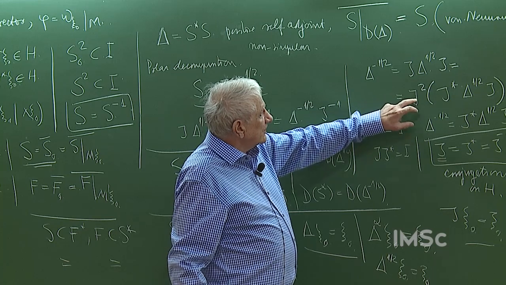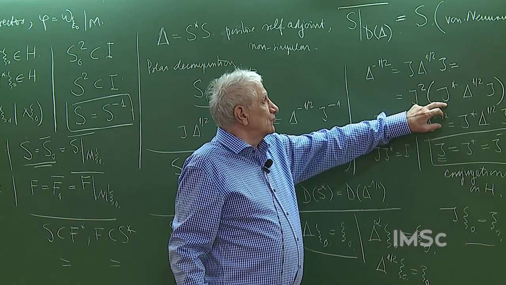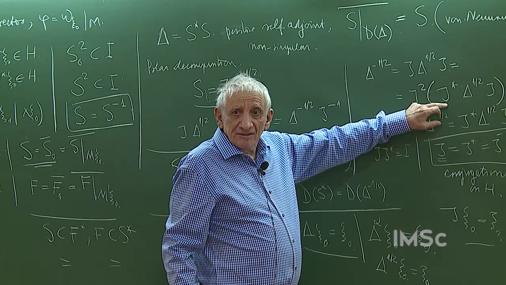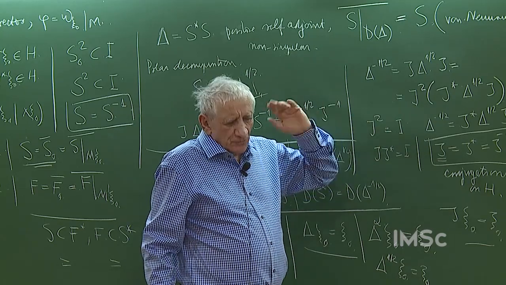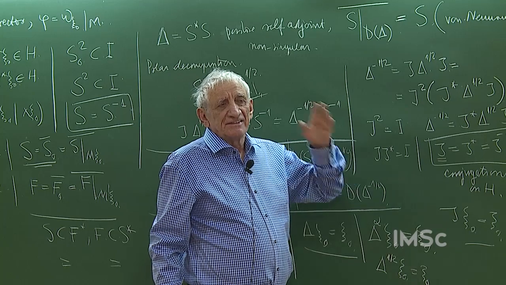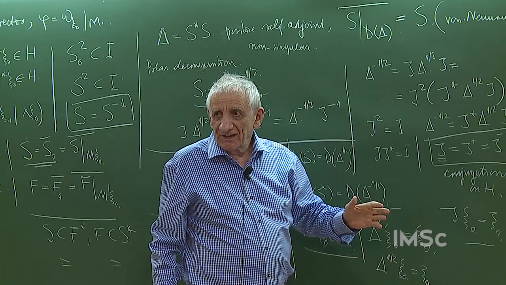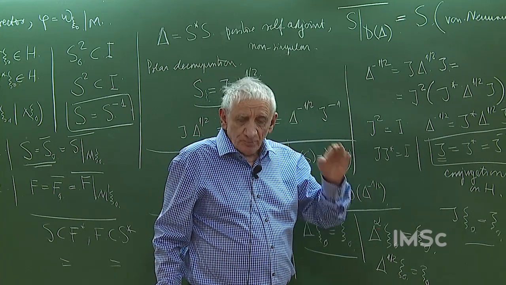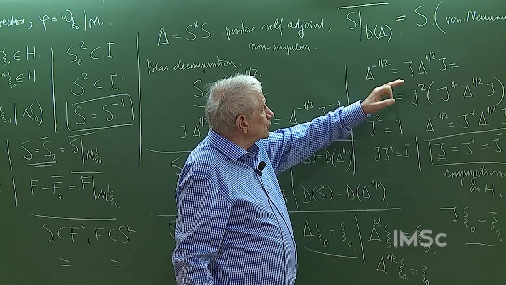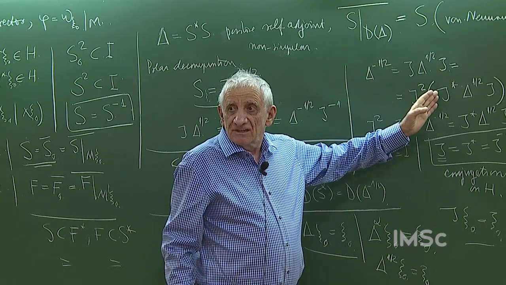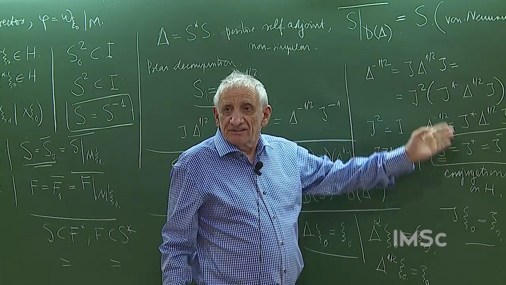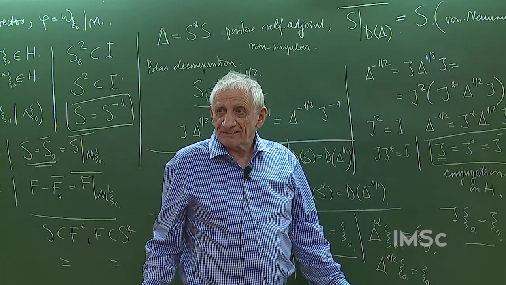Okay. J star is equal to the identity because of the fact that it is, well, it is conjugate linear, but it is a partial isometry whose support is the support of S, the right support of S. And the right support of S is the identity.